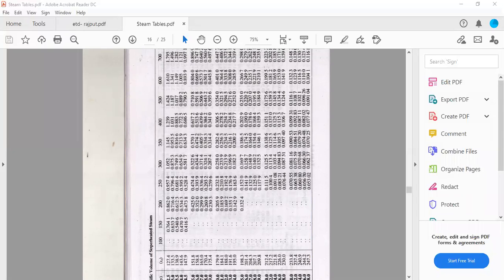Because see, what is the unit of C1 square by 2 or C2 square by 2? What are C1 and C2? Respond quickly.